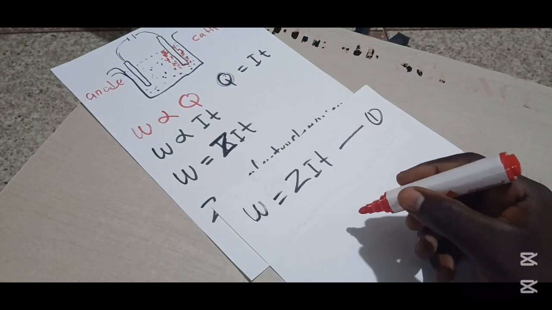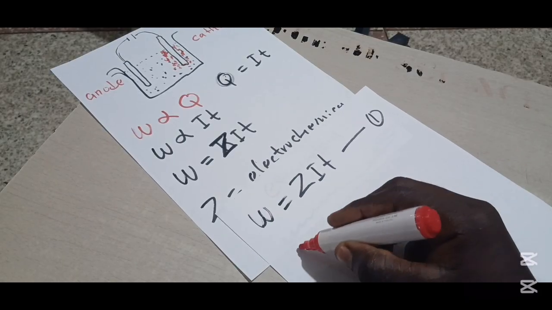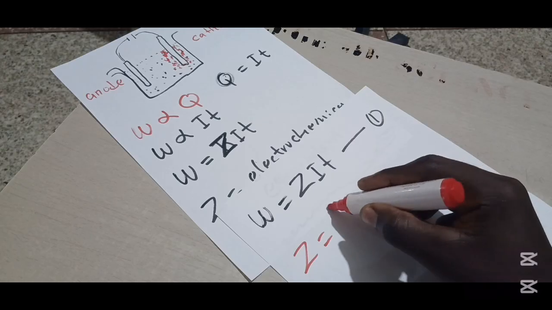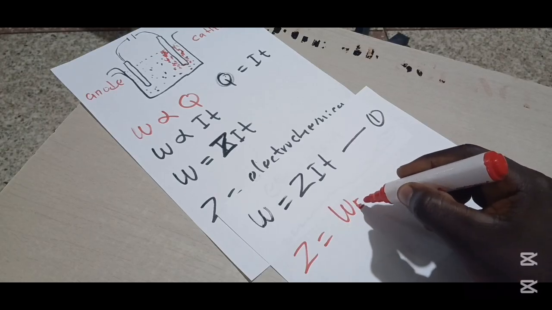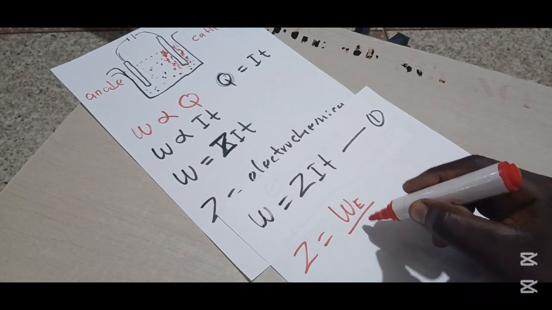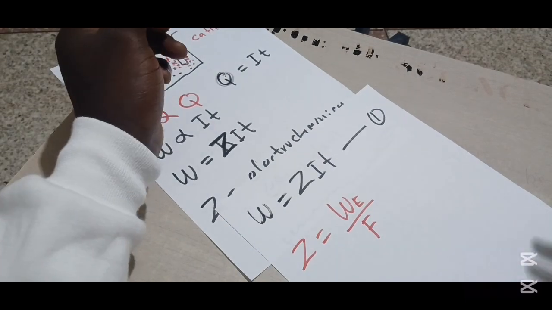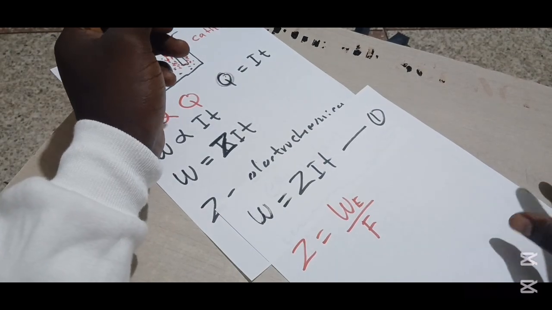And our expression for Z equals equivalent weight over Faraday's constant, equivalent weight over 1 Faraday.